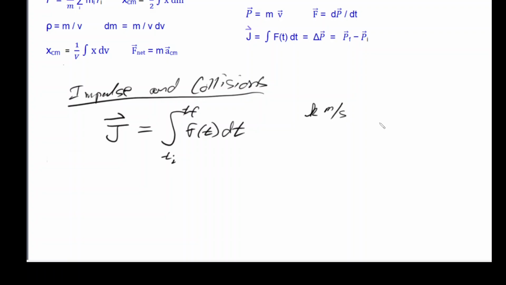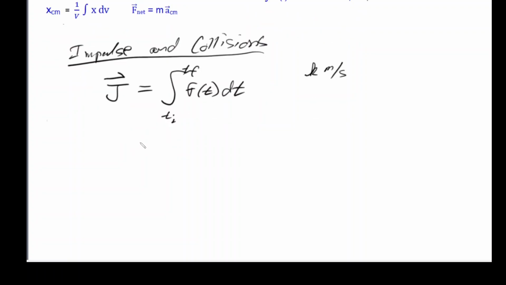And we know that with momentum, F is equal to the change in momentum with time. So that can also be written as F dt is equal to dp.